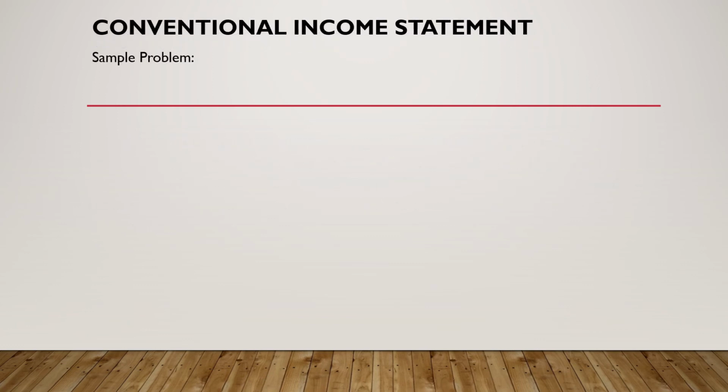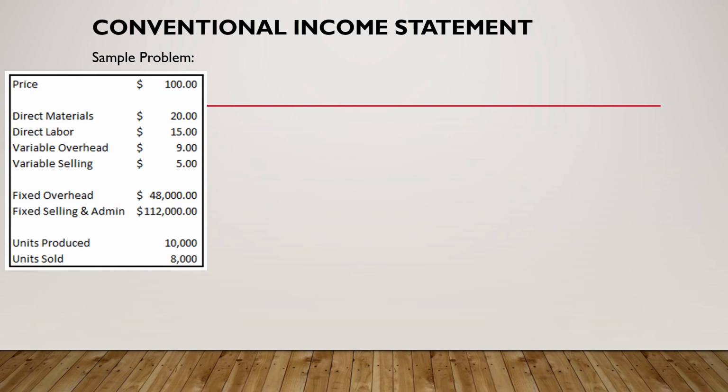Another sample problem for the conventional income statement. So these are the givens for this problem. When doing an income statement, the first thing you always do is calculate the cost per unit. Under absorption costing, the cost per unit is direct materials, direct labor, variable overhead, and fixed overhead.